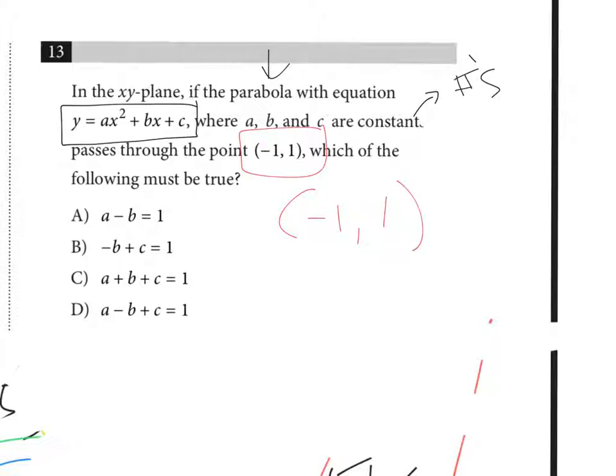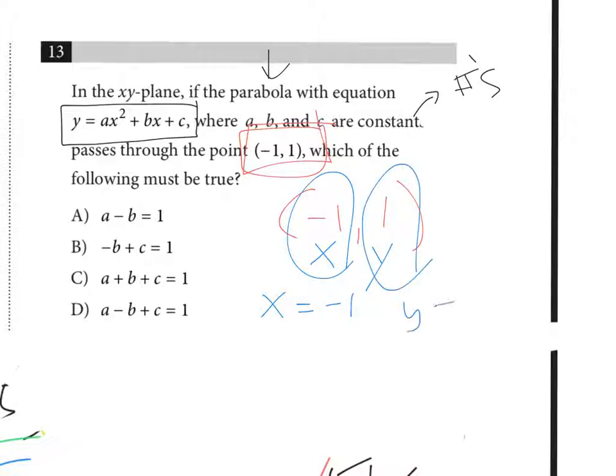Which of the following must be true? Now remember, when you are given a set of coordinates, the first value represents the x value, the second represents the y value. So this parabola passes through the point negative 1, 1. That means x is equal to negative 1, y is equal to positive 1.